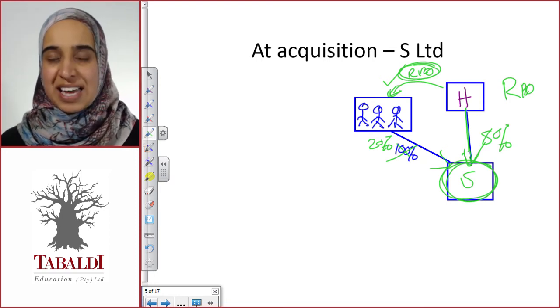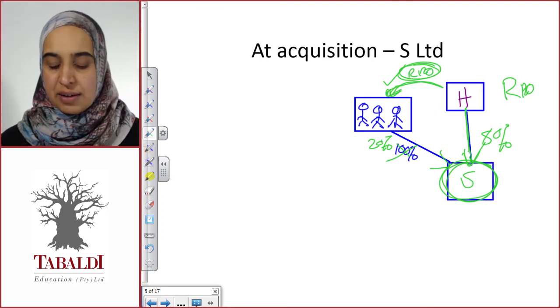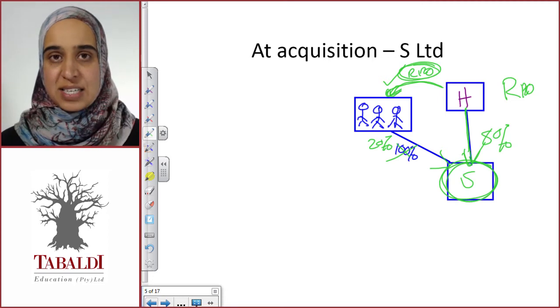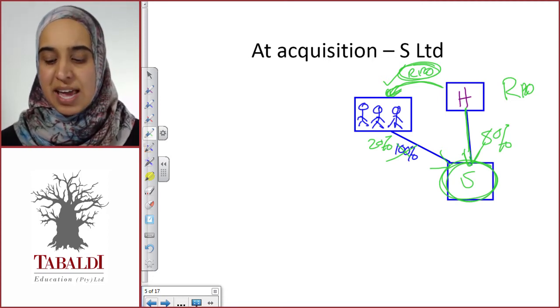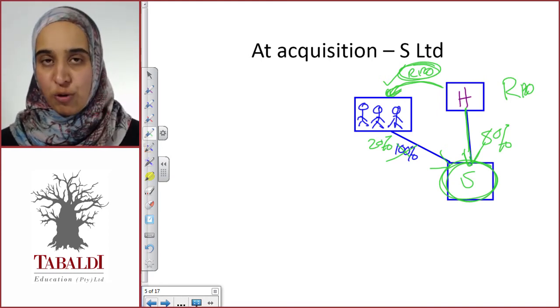So they're purchasing the entire equity interest of those shareholders. These shareholders are saying that 80% of their equity interest in S is worth 120, and that's what they're going to sell their equity interest in S to H for.